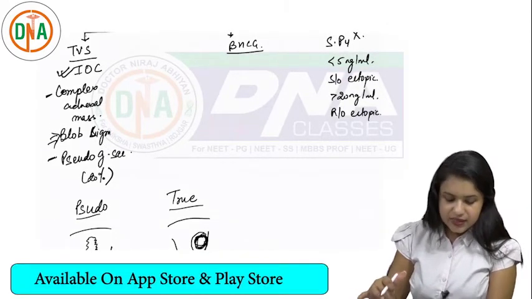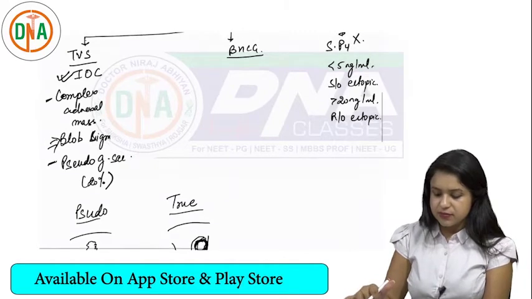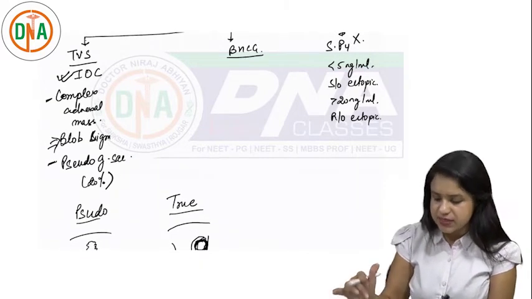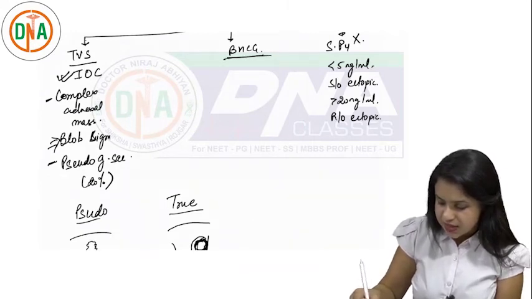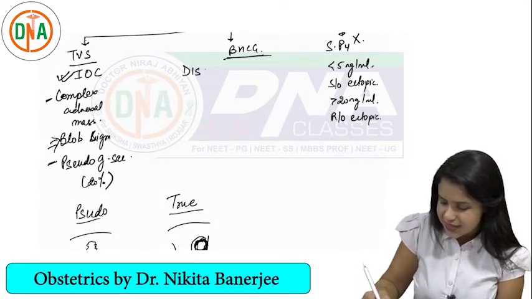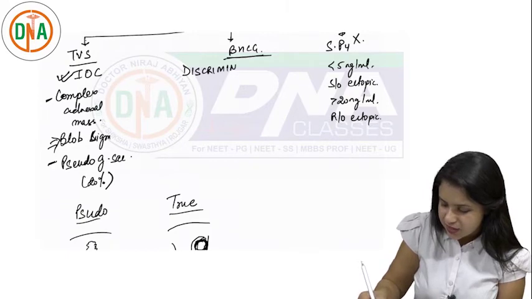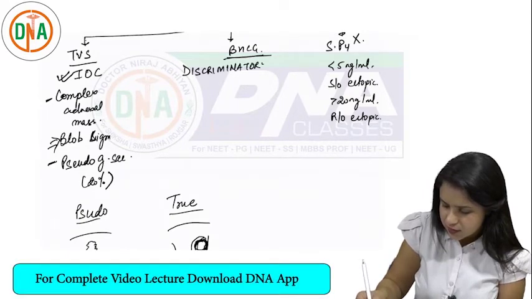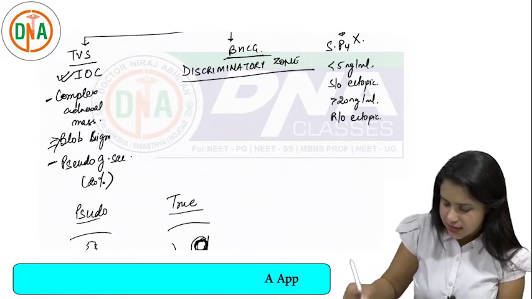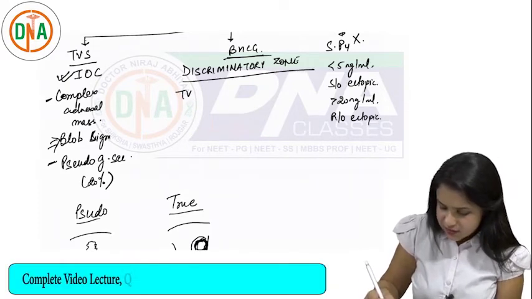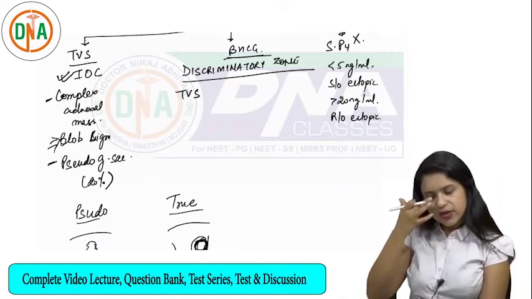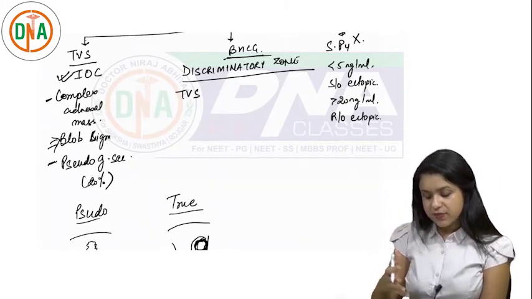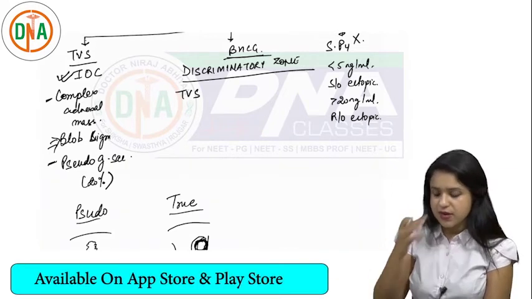But sometimes it may not be seen. We will discuss that later. But about beta HCG, you should know something called the discriminatory zone. On TVS, if there is no G-sac, and if you see a complex adnexal mass, well and good.